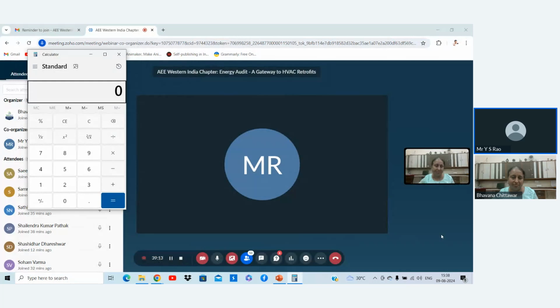Second year, 44 point something lakhs of units were saved, and in the third year, 43 point something lakhs were saved. If you sum up all these units and multiply with 14, that is the unit rate for commercial application, that will come to about 6 crores. So that's how it should be.